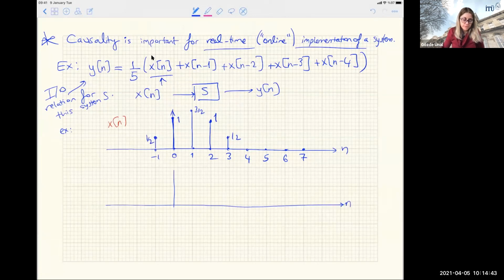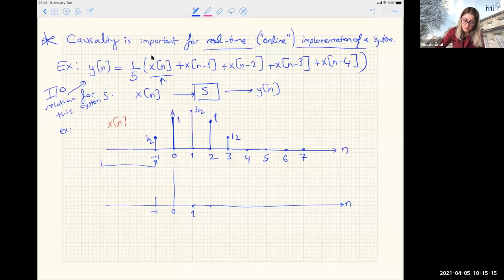I'm going to show you here what is happening. I know it's a causal system, so this output is dependent on the current value and its previous 4 values, right? You see, this is like a filtering window. So -1/2 multiplies by 1/5. This is a 5-point running average filter.